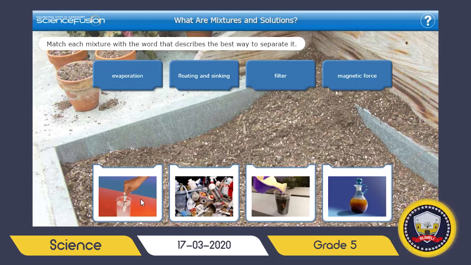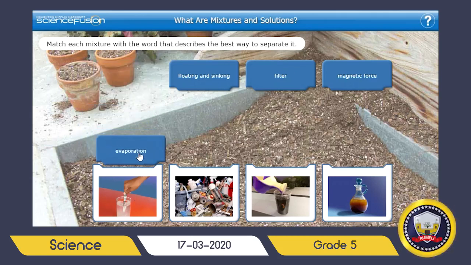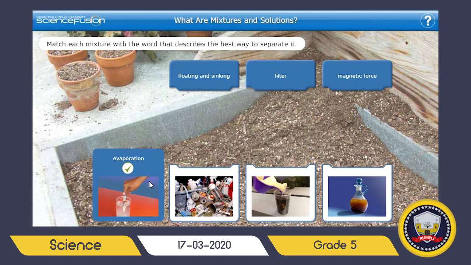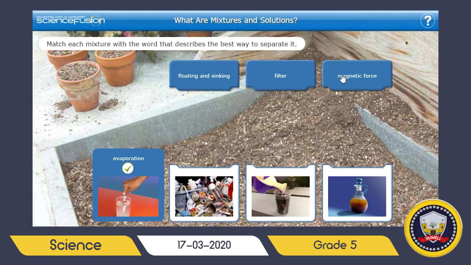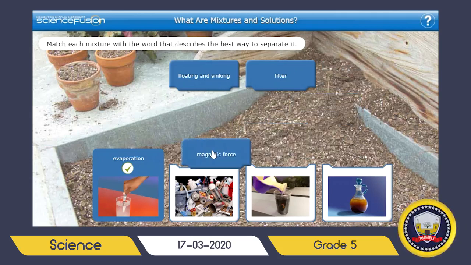Like the example we gave just before, we can separate solutions by evaporation. Let's see if it is correct. Yes, perfect. So metal trash. Remember the magnetism. Like I said, some metals are magnetic, so we can use magnetic force, a magnet, to separate this metal trash from the other trash.